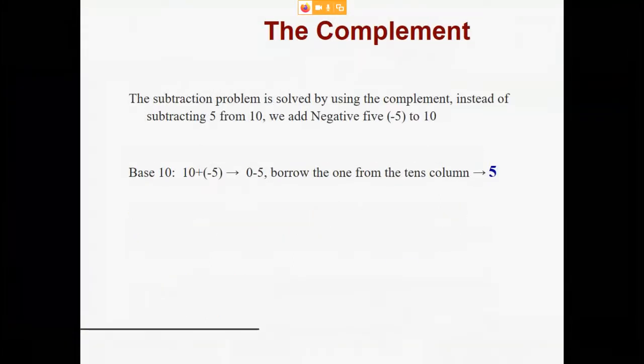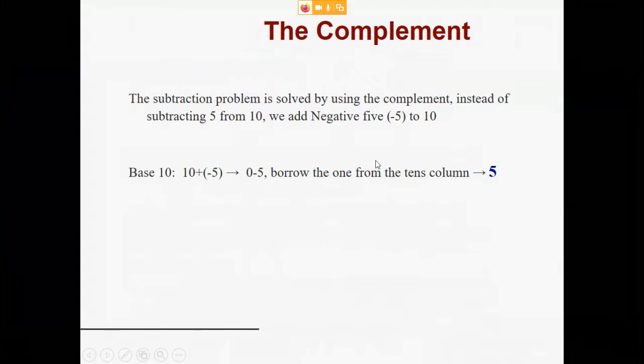So instead of building a computer circuit that will subtract, they've learned that if we store, let's say I want to subtract 5, we store the number as a negative 5, and then we can simply add them.